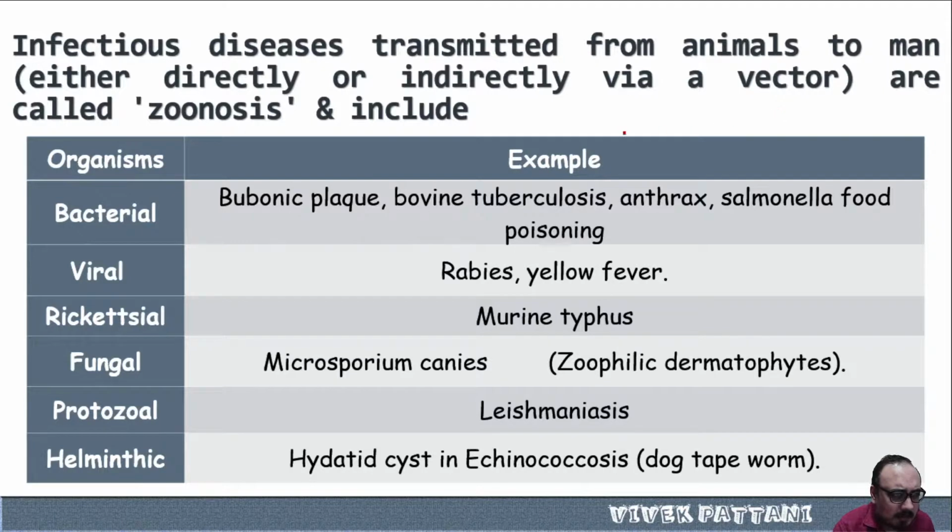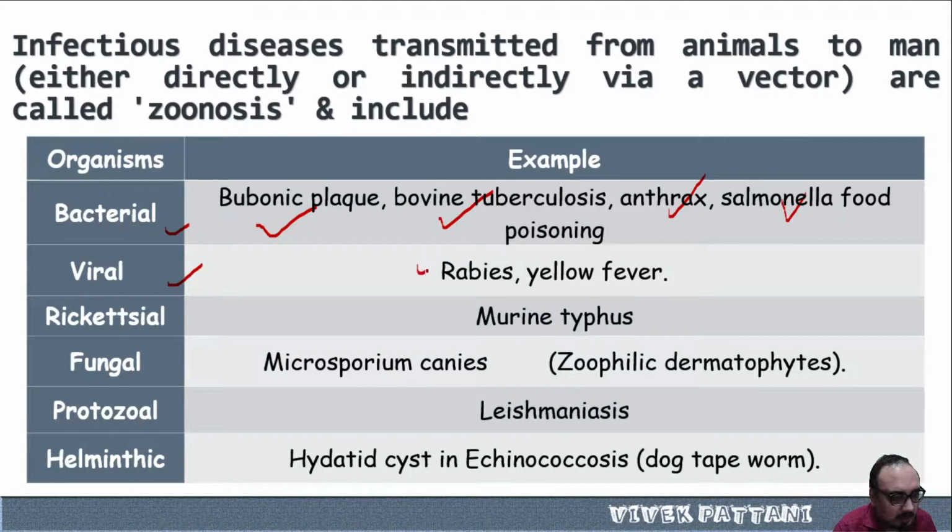Now some examples of diseases transmitted from animals. I have already given some examples; these are a few more, and I'm simply going to read them out. Bacterial: bubonic plague, bovine tuberculosis, anthrax, salmonella food poisoning.